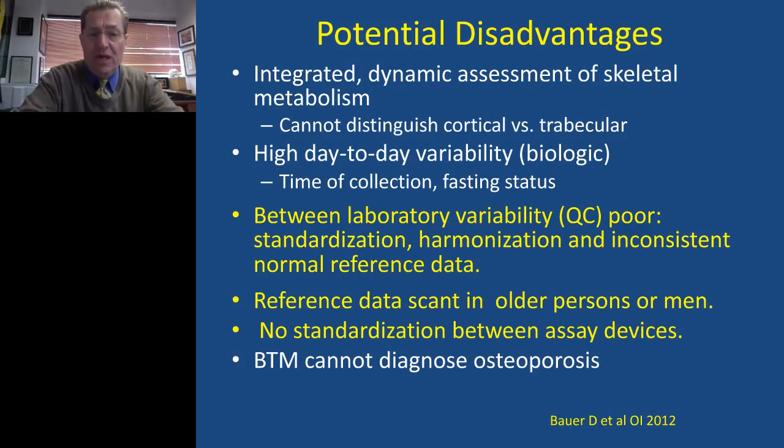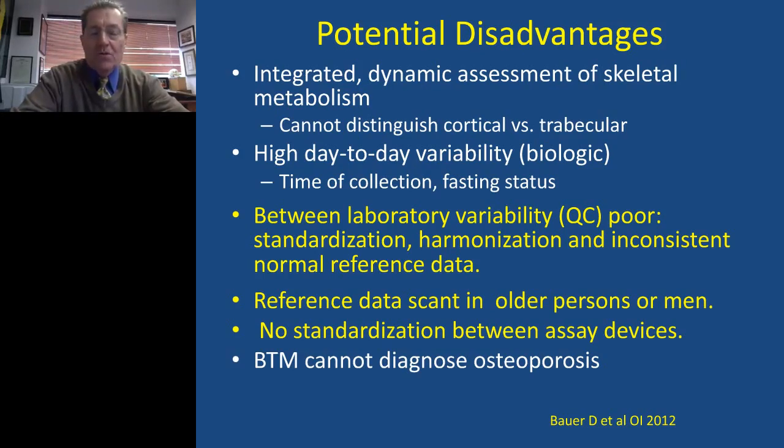There is between-laboratory variability, standardization needs to be improved, harmonization of the assay needs to be improved, and the project that we here are working on under the leadership of the NBHA is to try to establish a consistent normal reference database with men and women on both of the available immunoassay machines, the Roche diagnostic machine and the immunodiagnostic machine.